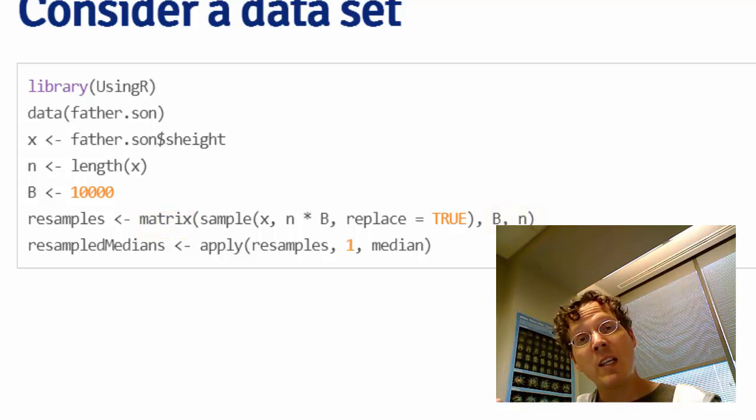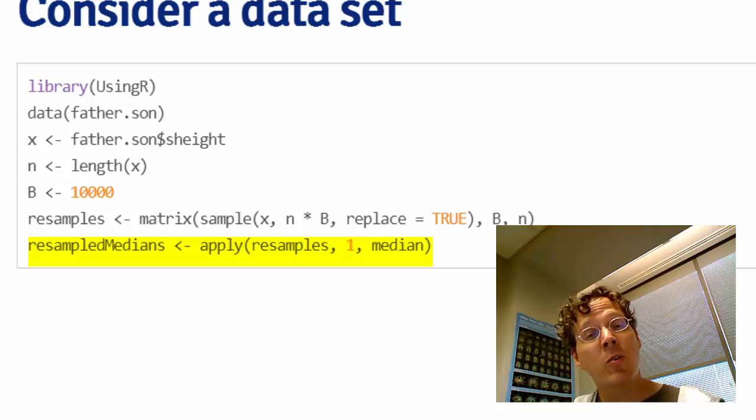And so what that means is every row of this matrix that I'm calling resamples is now a completely resampled data set where I took my original data and I drew a sample of size n with replacement from that data set. And that's exactly equivalent to regenerating a sample of size n from a distribution that places probability 1 over n on each observed data point.